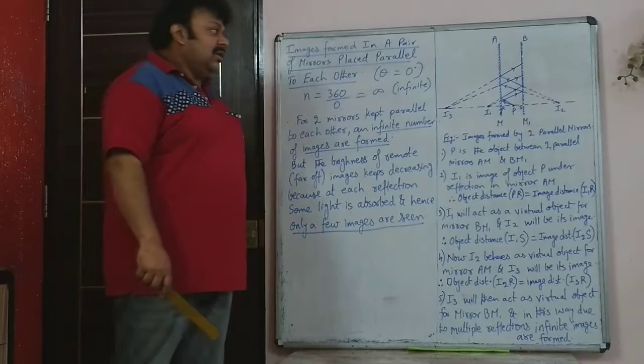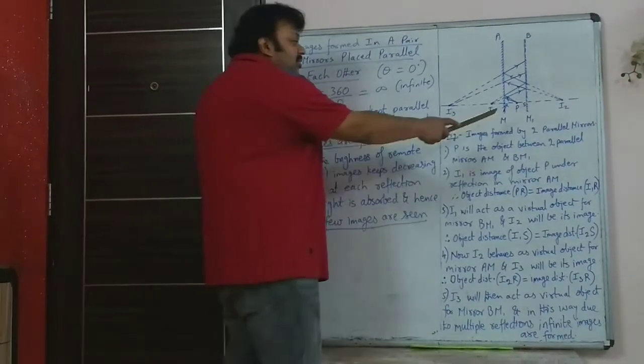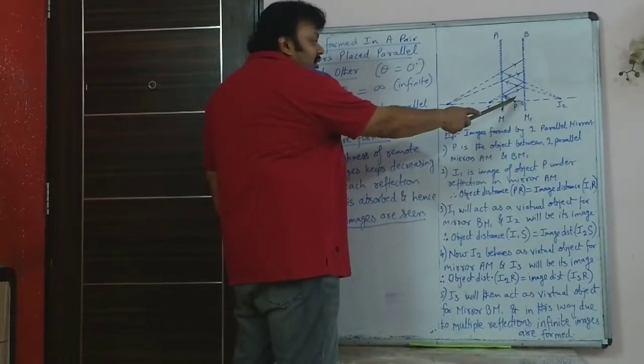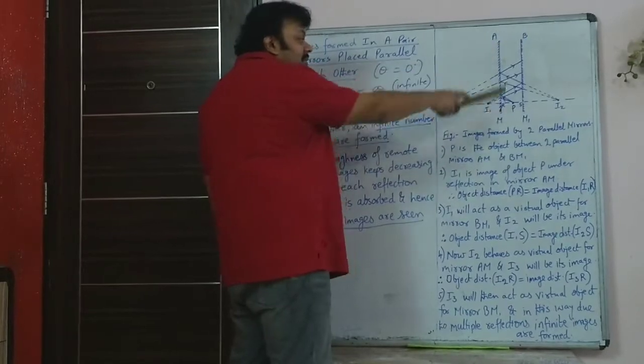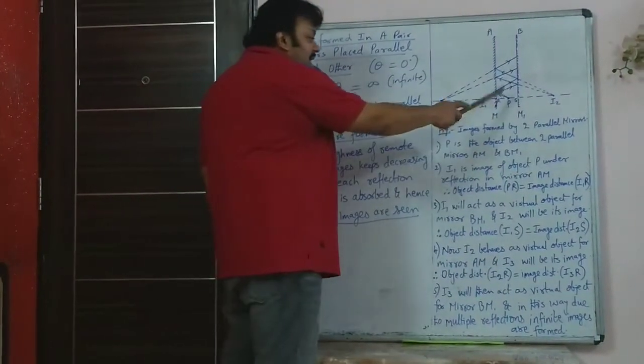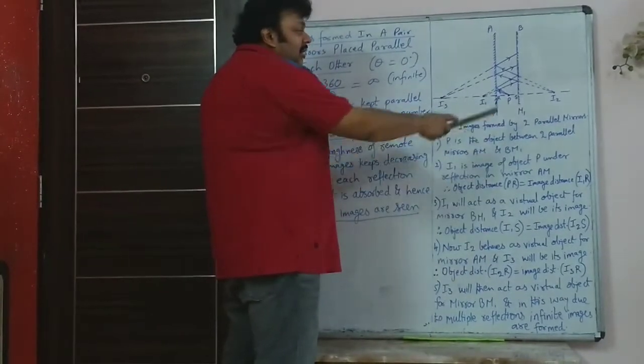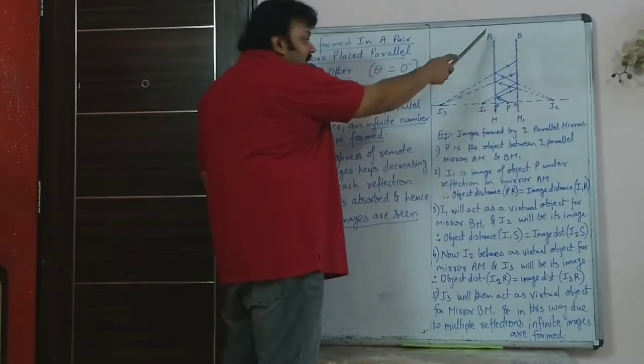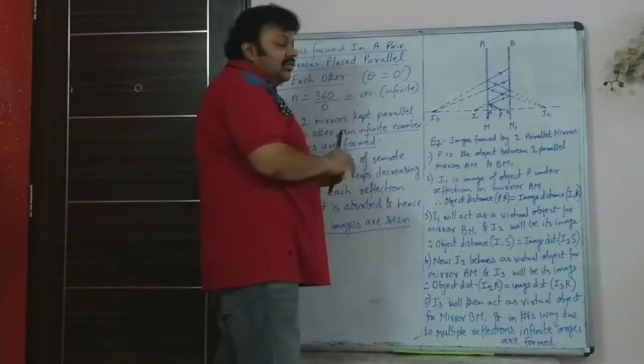Now let's understand the diagram. First of all, P is the object placed between the two plane mirrors AM and BM1. First let's assume P is the object and the reflecting mirror is AM, for the first image.